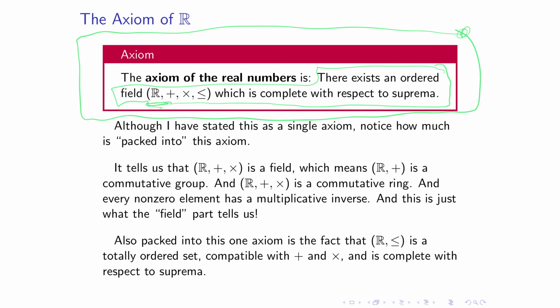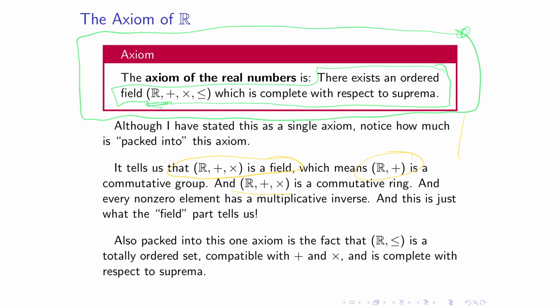So although that is, on one counting, just a single axiom, it's worth appreciating just how much is packed into this one axiom. We know that it's an ordered field, and even that tells us that it is a field. And that tells us that if you concentrate just on R together with plus, you have a commutative group.